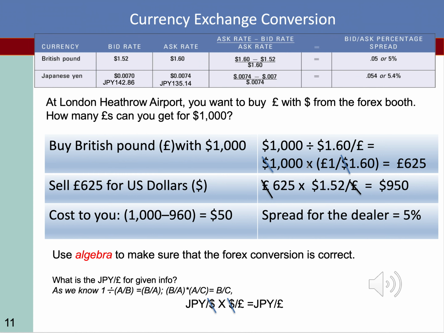A very common mistake people make is, for example, they do 1,000 times 1.6 and get 1,600 pounds. That is obviously not true, because the US dollar is worth less than the pound, since the pound is more expensive. So you should get less than 1,000 pounds.